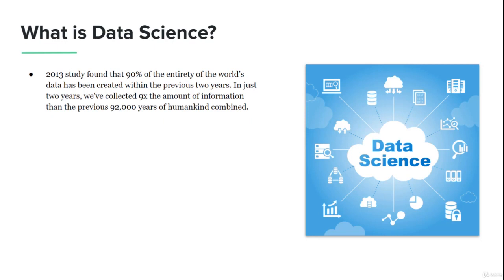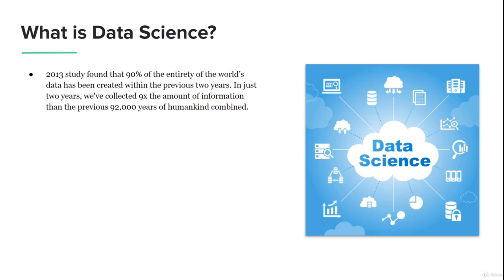In just 2 years, we collected 9 times the amount of information than the previous 92,000 years of humankind combined. This is massive, with the influx of new data being created every single day, with huge amounts of big data available. This is why data science really came into being.